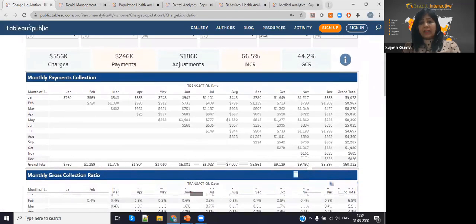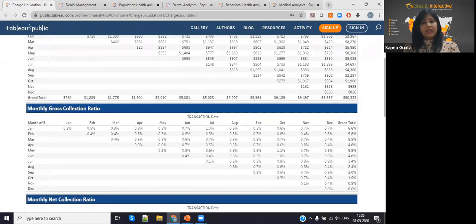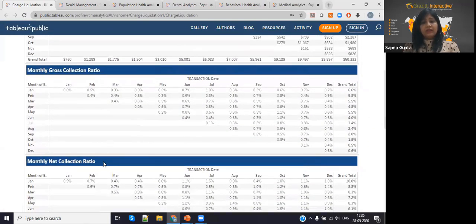It shows you a diagonal chart for cash flow by month. You can track the total number of charges, payments, and adjustments. It also helps you compare the gross collection ratio, that is GCR, and the net collection ratio, that is NCR. This data enables you to get stronger insights into your cash inflow for each month.